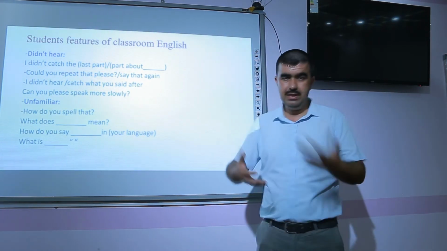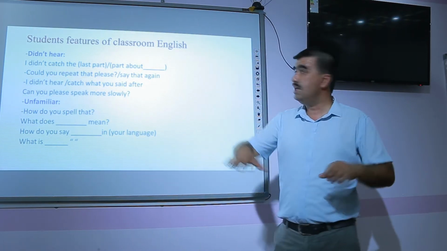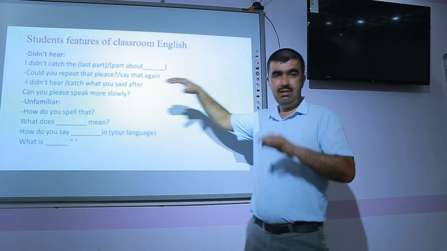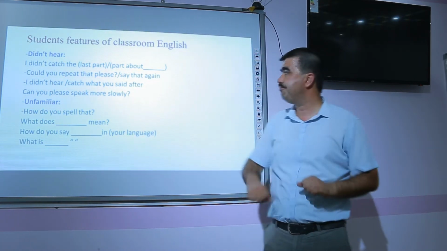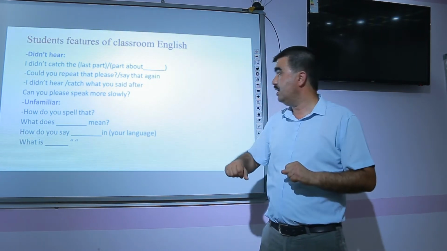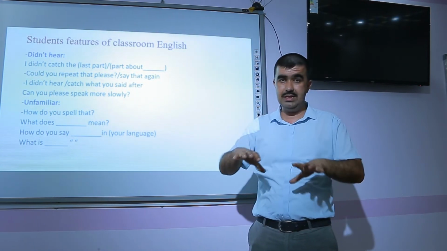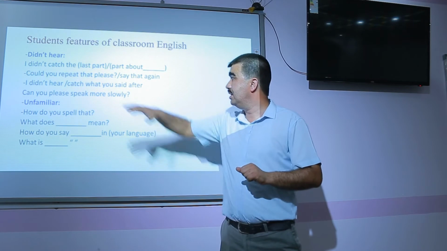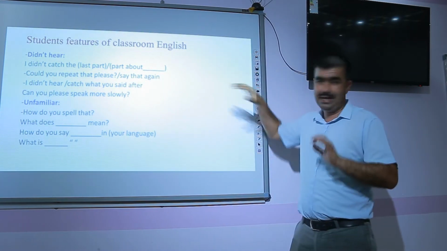I cannot repeat the whole period. That's why they should say, I didn't catch, for example, the last part, or I didn't catch some part of your lecture. Or he or she may ask, could you repeat that please? If it's not understandable for students, they should ask, could you repeat that please? Or could you say that again?